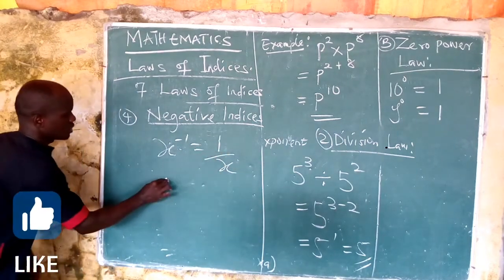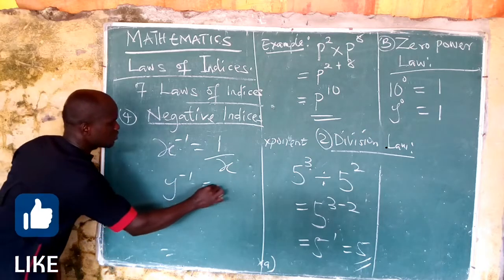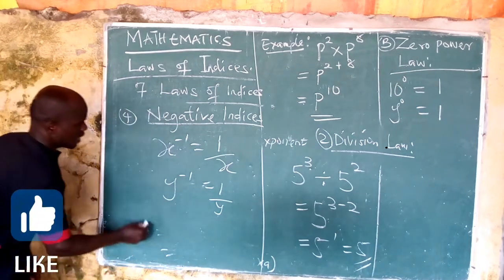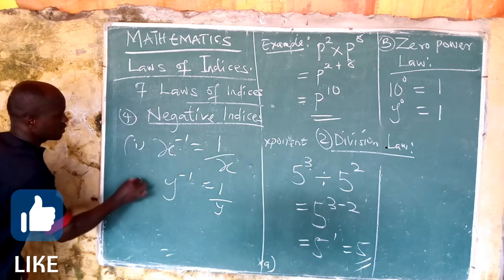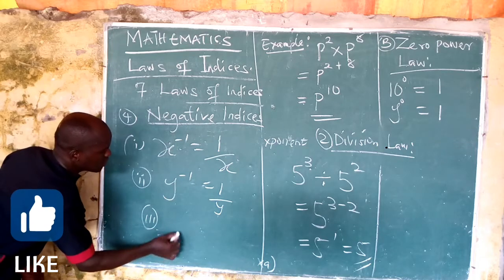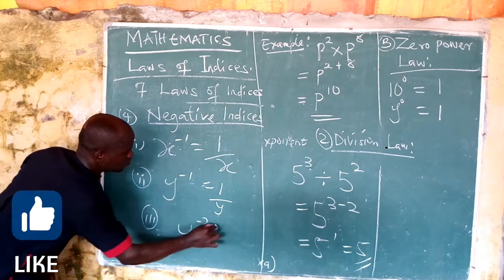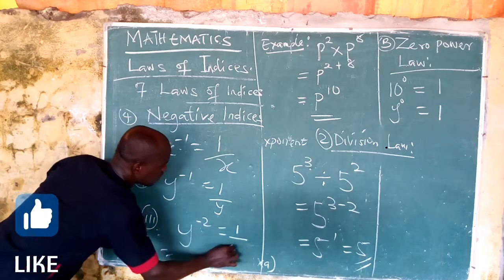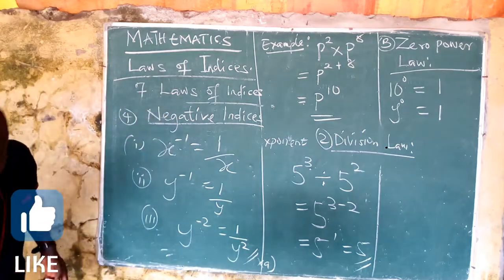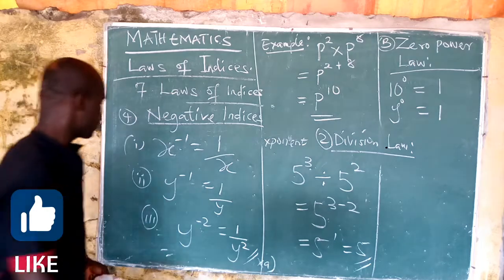In other words, if I say y raised to power minus 1, it means 1 over y. Is that clear? And if I say, let's say, y raised to power minus 2, it means 1 over y squared. Very, very simple.